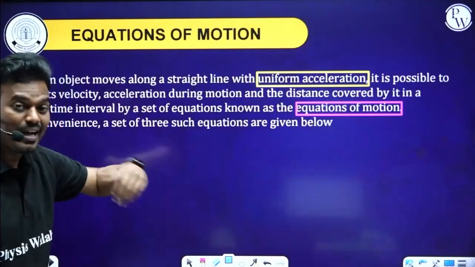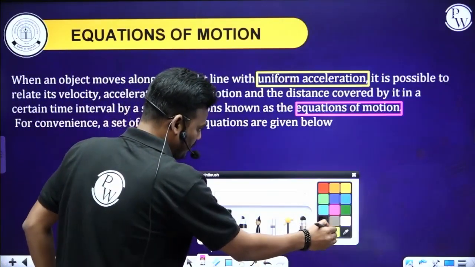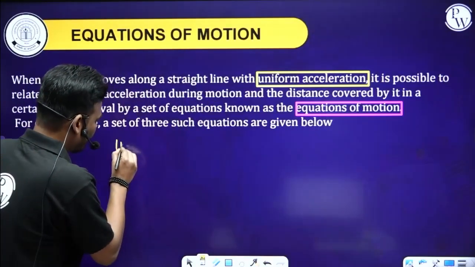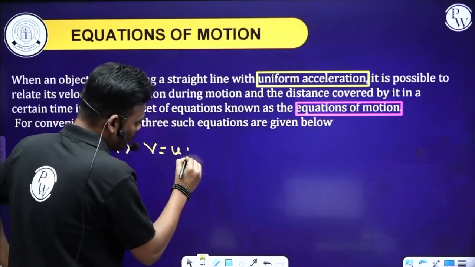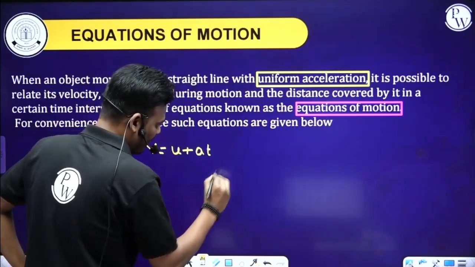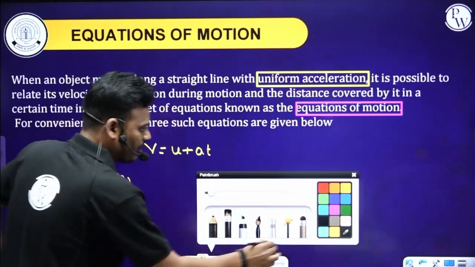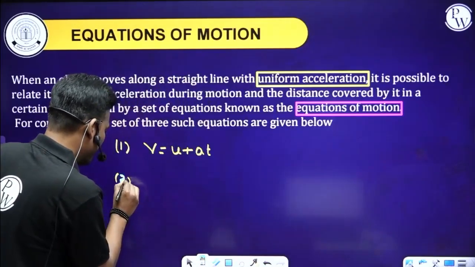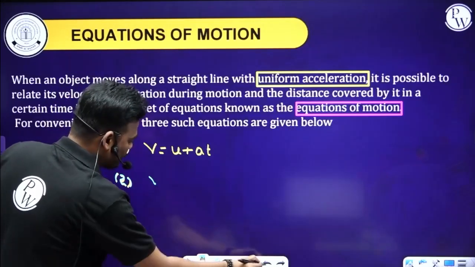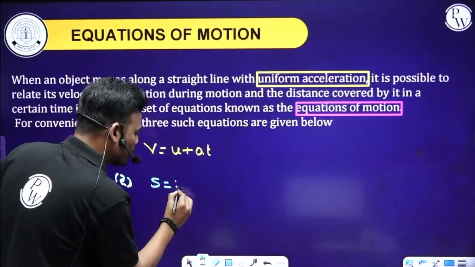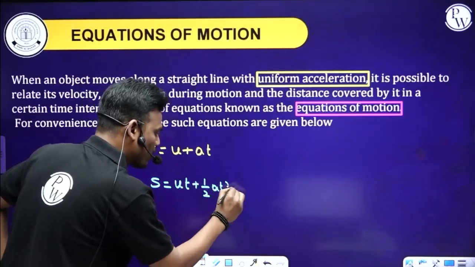Here not given, but I am going to write down. So these are equations of motion. The first equation of motion: V is equal to U plus AT. Second equation of motion, a displacement one you can write: S is equal to UT plus half AT square.